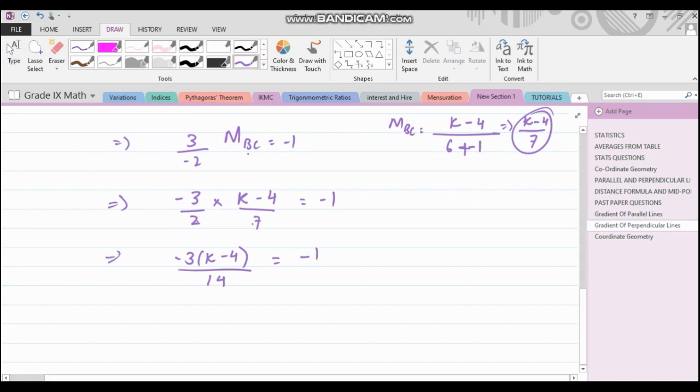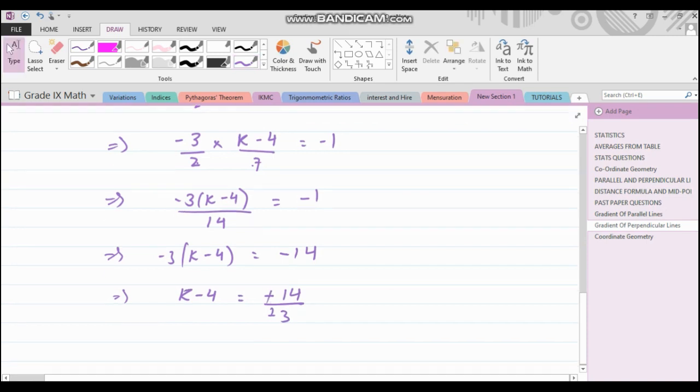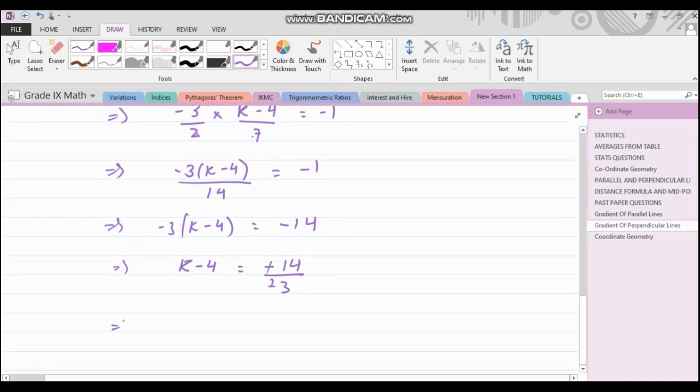So again, simplifying the equation, 14 goes on the other side, gets multiplied, and K minus 4 and -3 is equivalent to -14, and similarly -3 is being multiplied over here, so on the other hand it would be divided. So K minus 4 is equivalent to -14 divided by -3. Minus and minus cancel each other, leaving us with only 14 over 3.